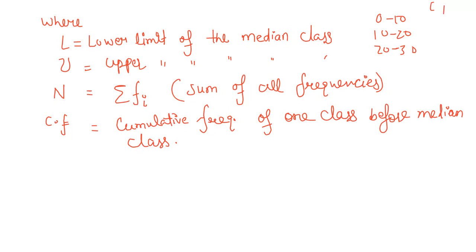And your cumulative frequency, suppose it is 5, 10, 15. If you are getting 20 to 30 as your median class, then in front of 20 to 30 cumulative frequency is 20.